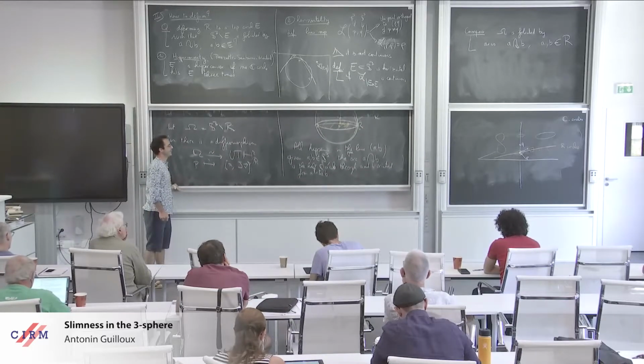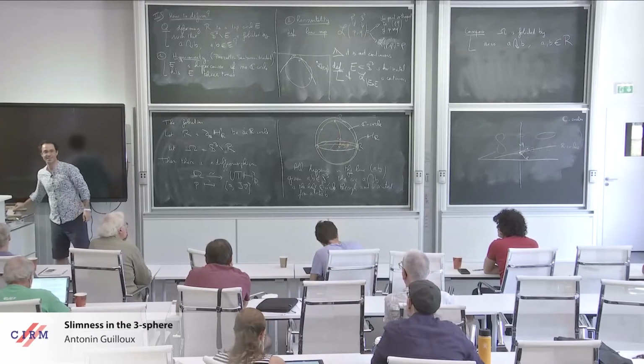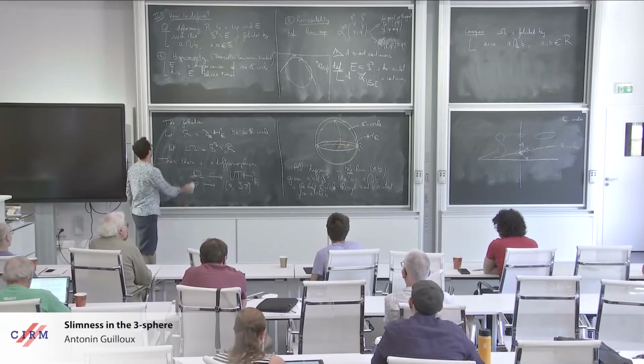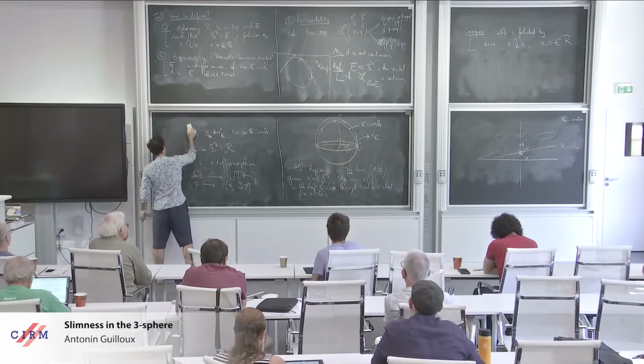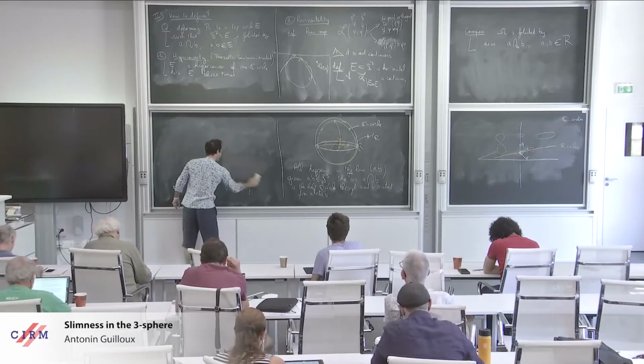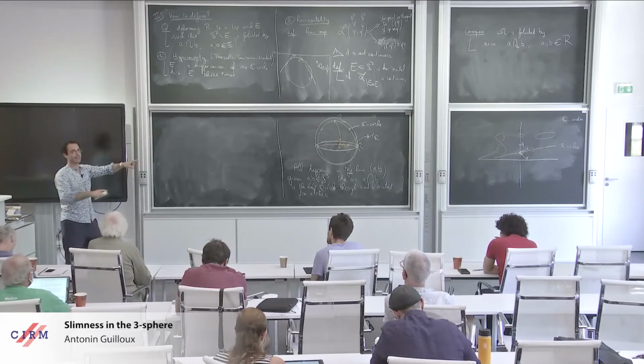So maybe I should speak about slimness before the end of the talk. Okay. So slimness is a quantitative version of both hyperconvexity and horizontality.